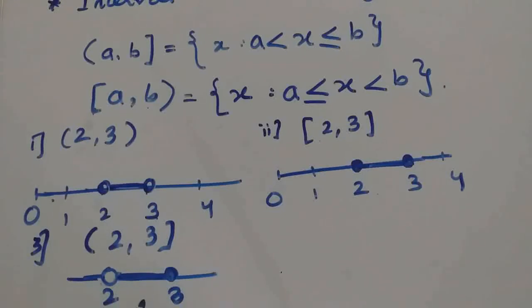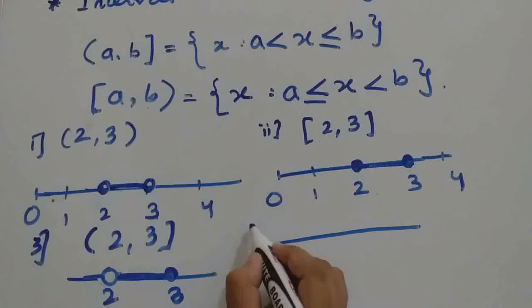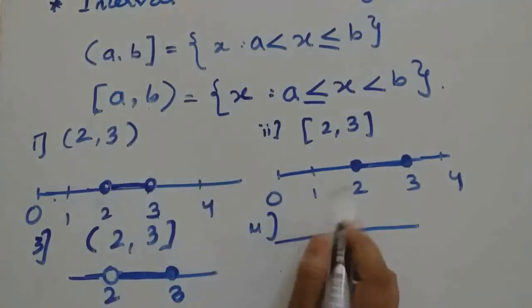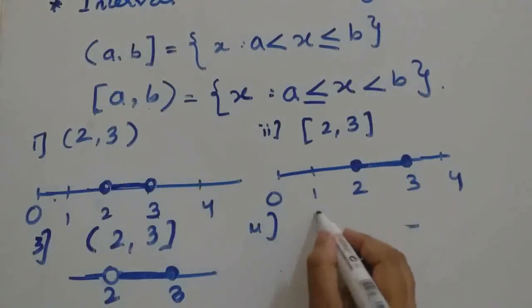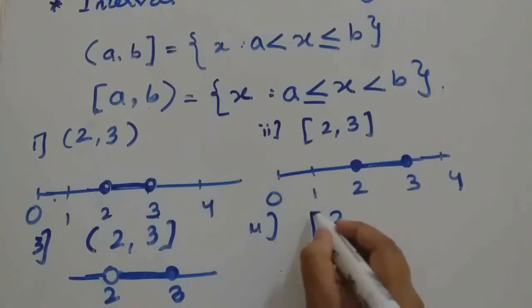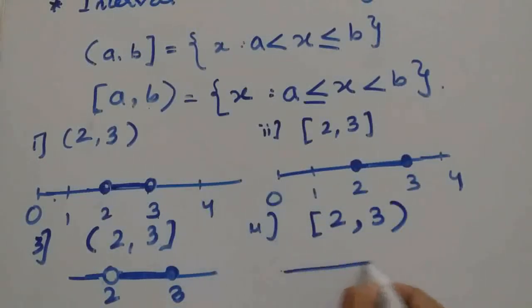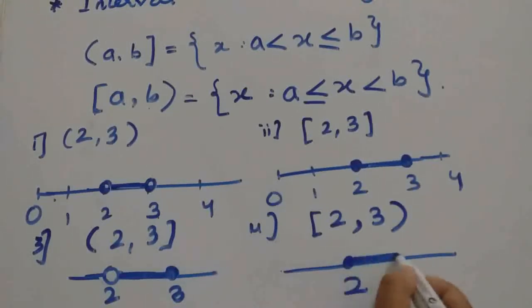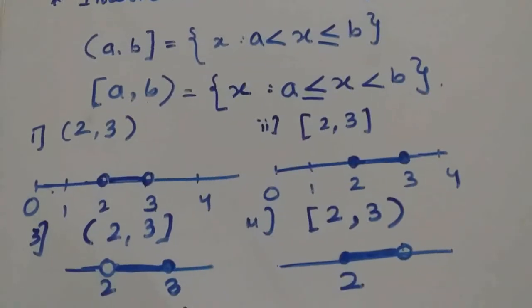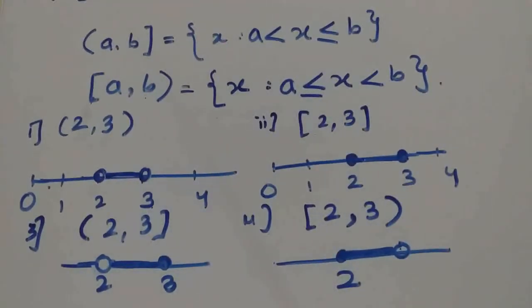And what about the fourth type? Suppose [2, 3), half open, so that will be the numbers in between 2 and 3, and 3 won't be there. So these are the representations of the intervals on the real line.